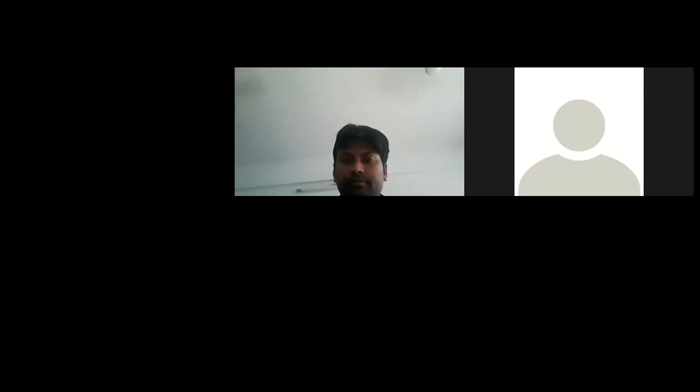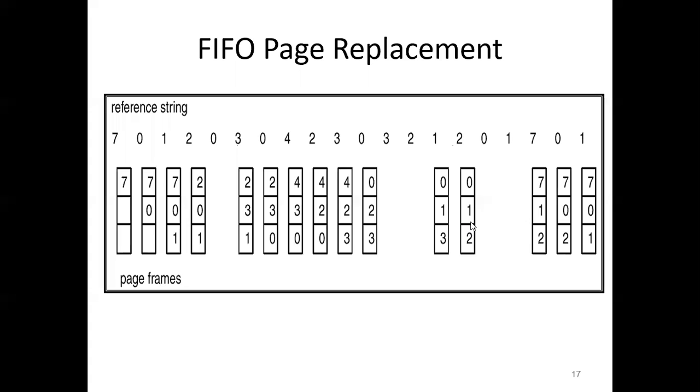Again 2, but this 2 already exists in the frames. That's why no page fault for page number 2 or memory reference 2.